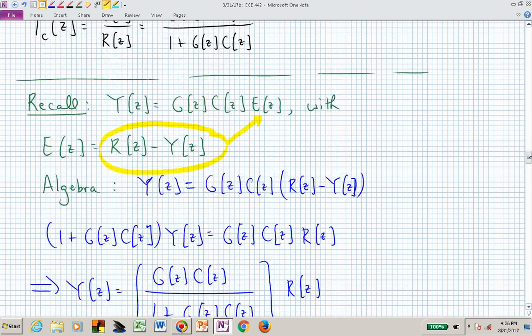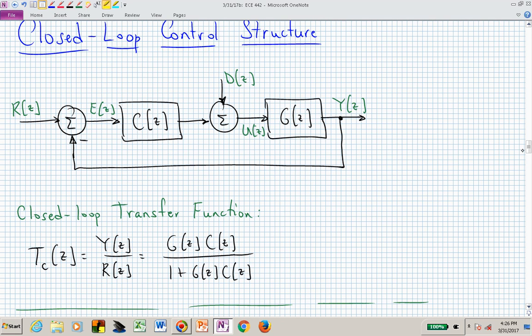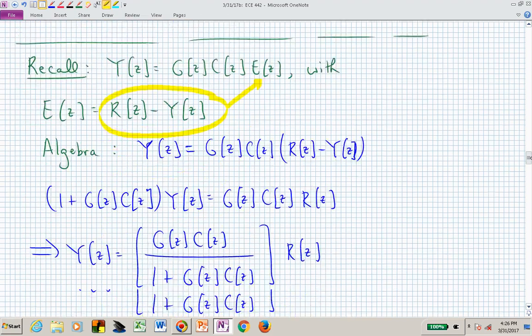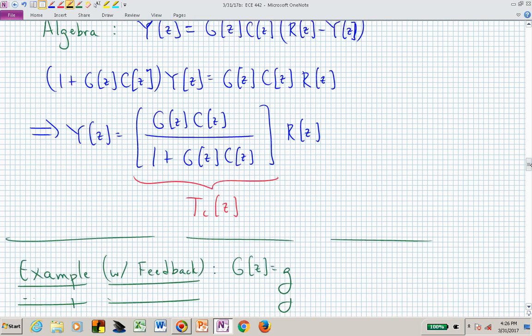That's where this particular expression comes from relative to this closed loop structure in a control design scenario. So we now have this desired closed loop transfer function, capital T sub C of z, available to us, and we want to see what happens if we have something similar to what we had before.